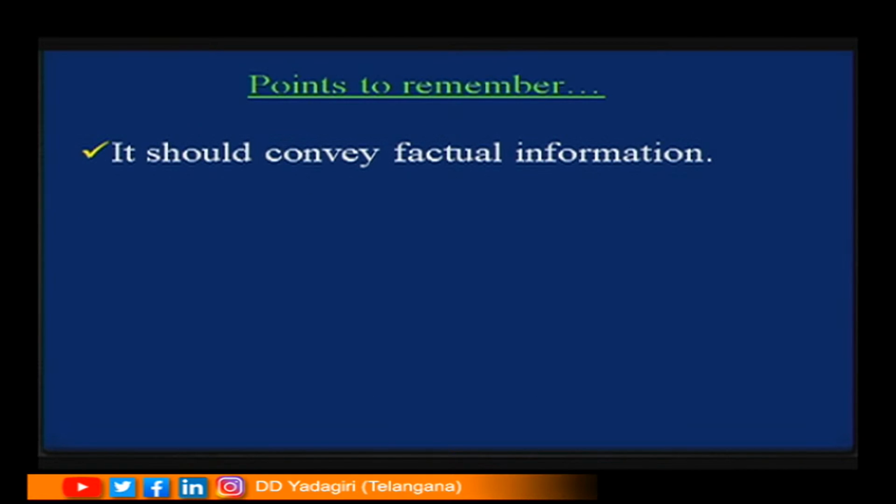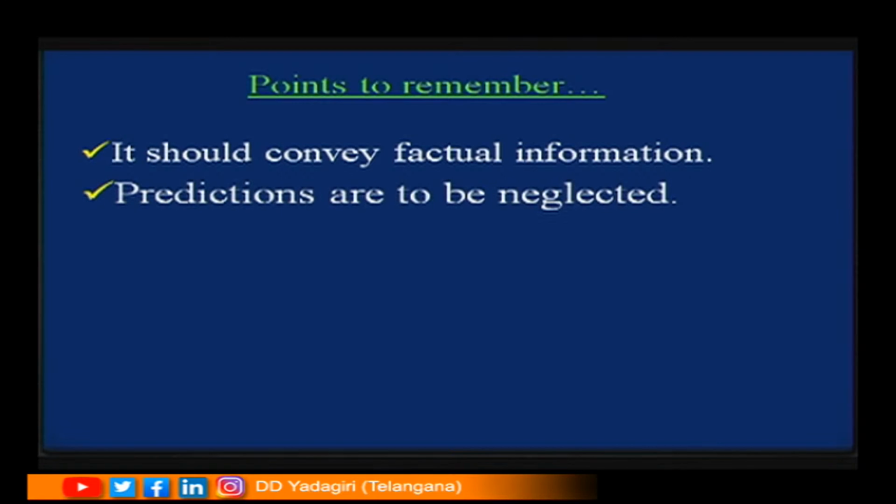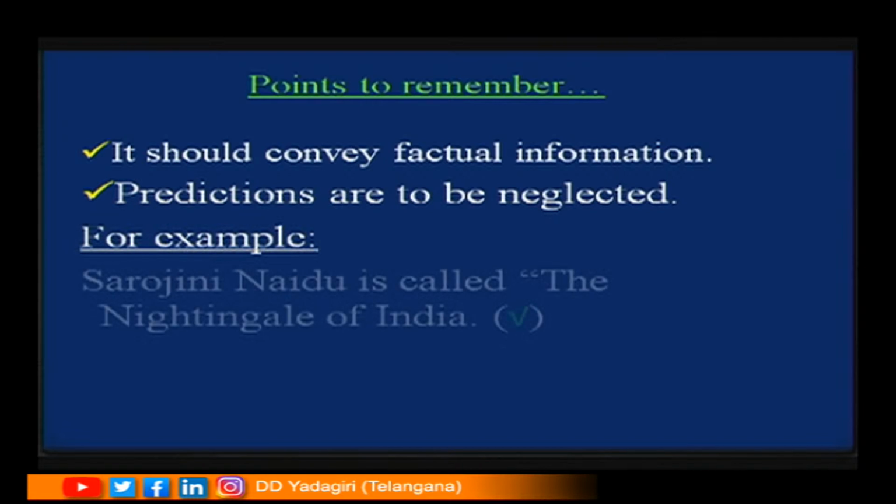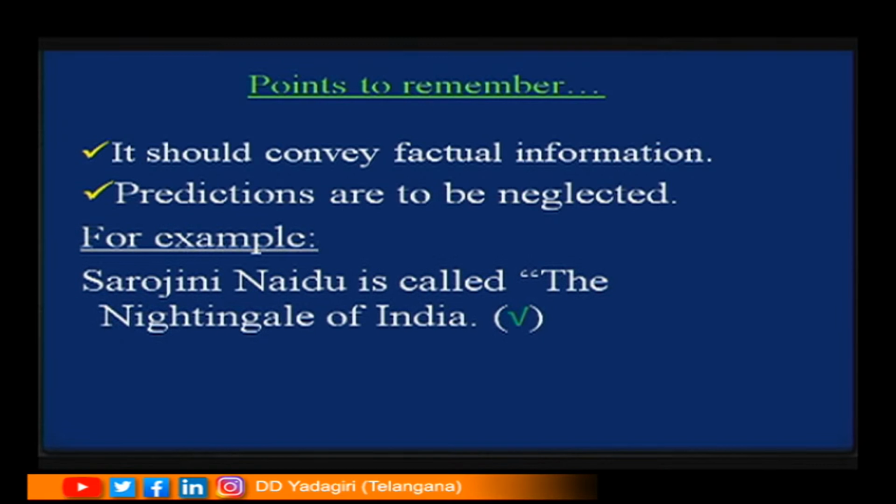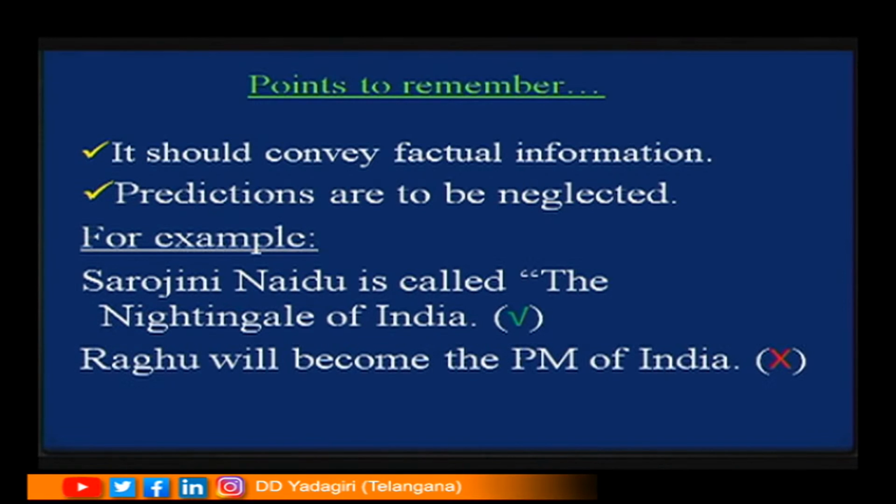It should convey factual information. Predictions are to be neglected. So, let us see, for example, Sarojini Naidu is called the Nightingale of India. This is a fact that everyone knows, whereas Raghu will become the PM of India, does he really become the Prime Minister of India?